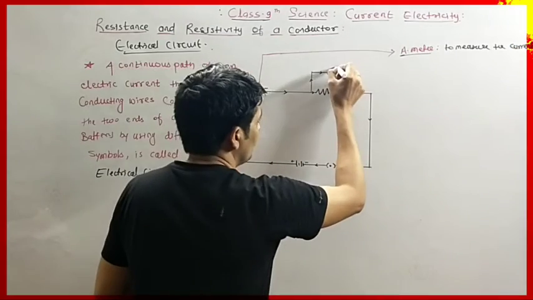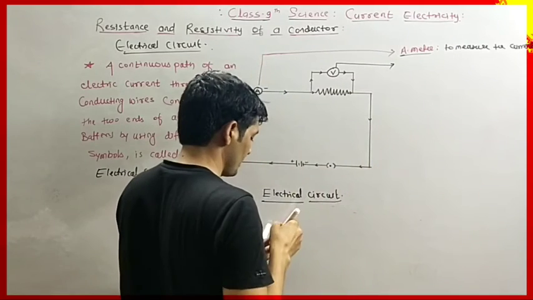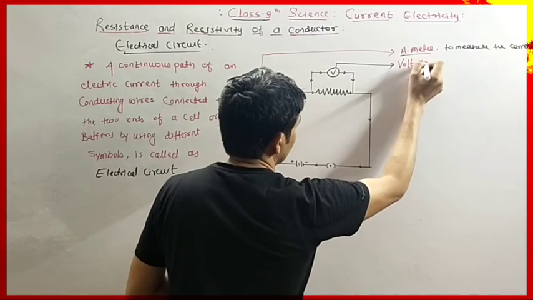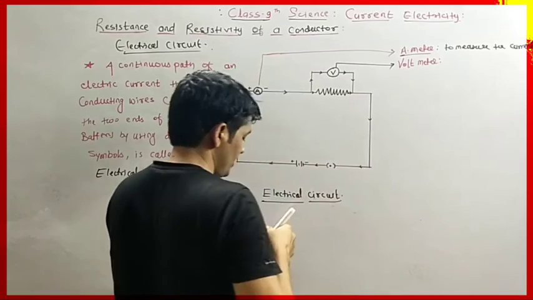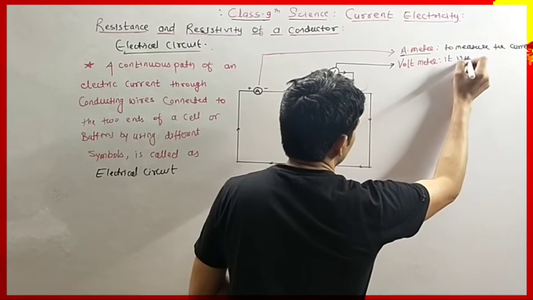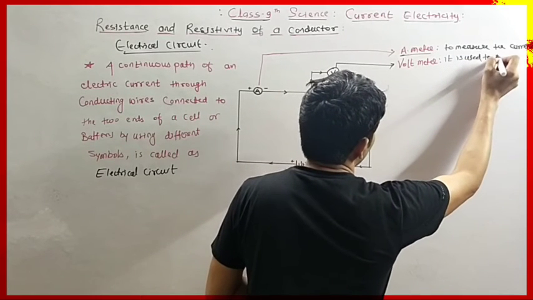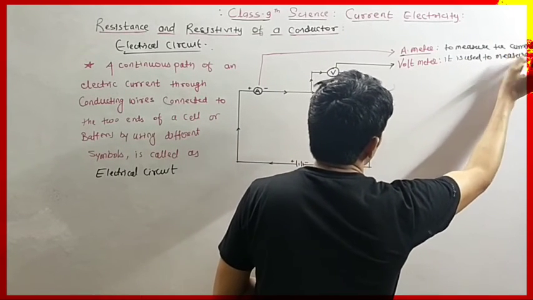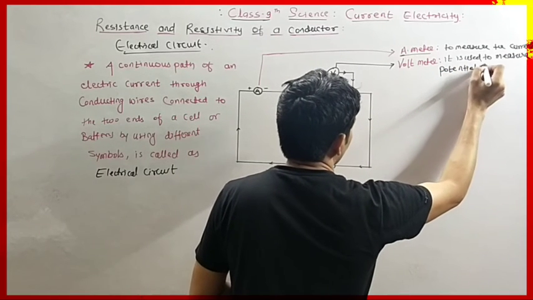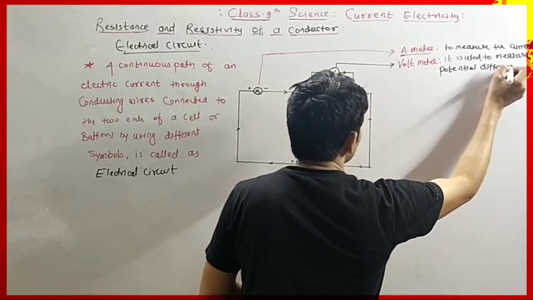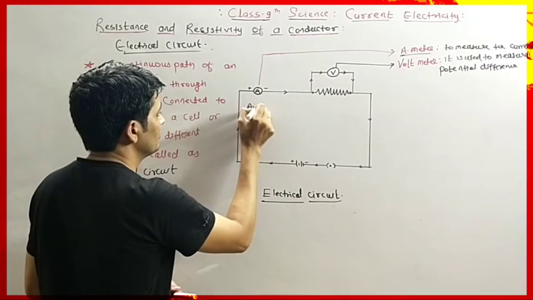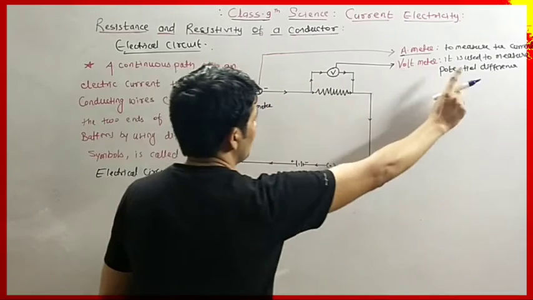Here we have the voltmeter, and it is used to measure the potential difference. Okay, so it is the ammeter. It is the voltmeter.